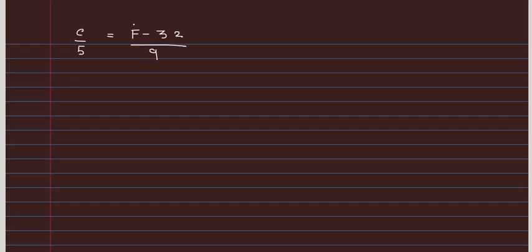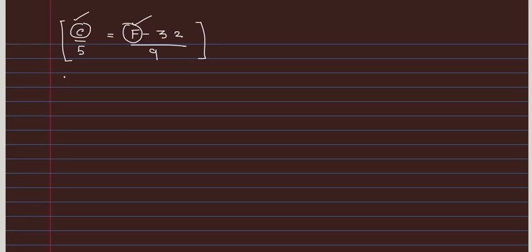So if you are given the value in F, you can find out its equivalent value in C, and if you are given the value in C, you can find out its equivalent value in F. So this formula, C by 5 equals F minus 32 by 9, is a formula by which we can interrelate the Celsius and the Fahrenheit scales.